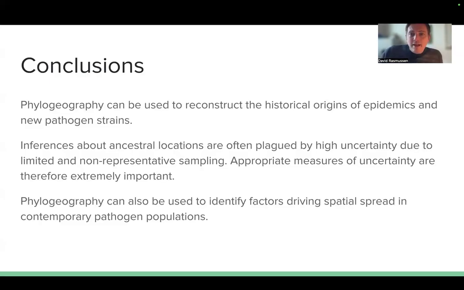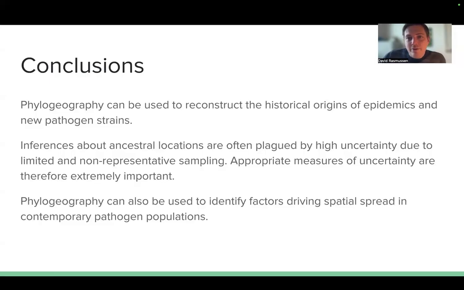And so on Wednesday, we'll take a closer look at the discrete trait methods, and apply them to our motivating example of Phytophthora, and you'll get a chance to actually see for yourself how much evidence there actually is for an Andean versus a Central Mexican origin of Phytophthora, which is fun.